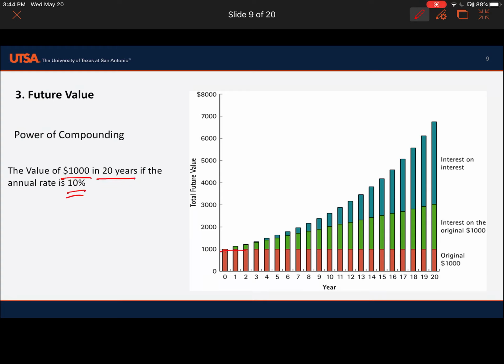This is your principal, the original investment of 1,000. This is the interest on the original 1,000, and this is the interest on interest amount. The y-axis shows the total future value, and the x-axis shows the time.